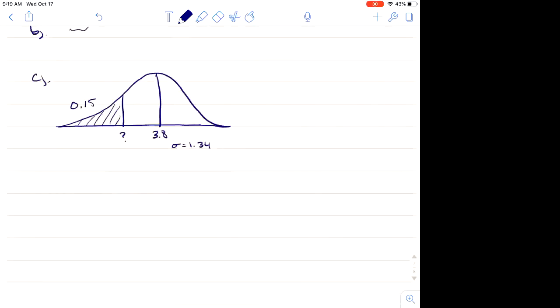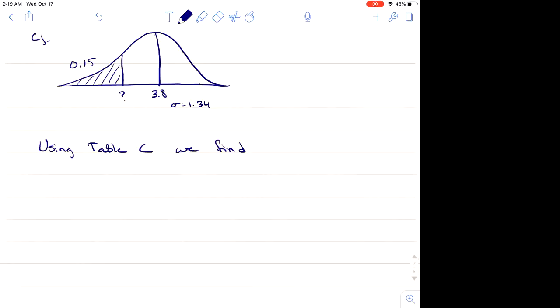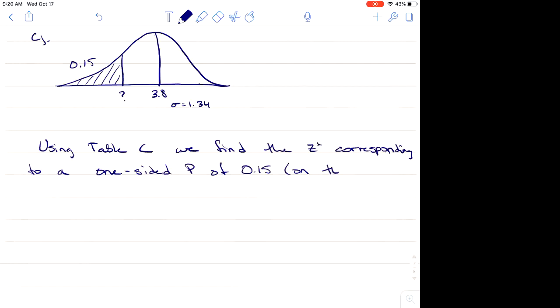So then, using table C, we find the Z star corresponding to a one-sided P of 0.15 on the lower end.